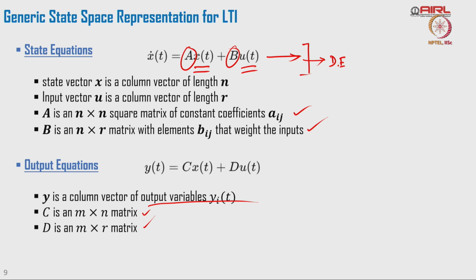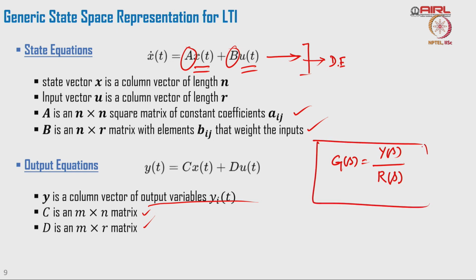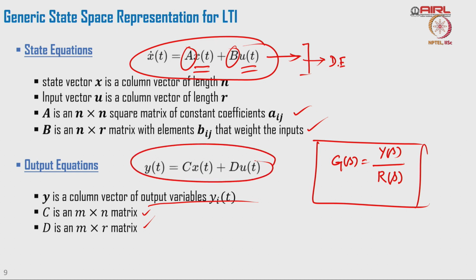It is interesting to check that if we have a system represented in transfer function form, that is G(s) = Y(s)/U(s), with the Laplace transform of the output in the numerator and the Laplace transform of the input in the denominator, then this is the transfer function representation, and this is the state space representation with the state equation and output equation.